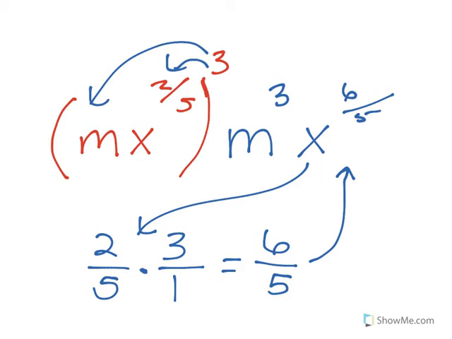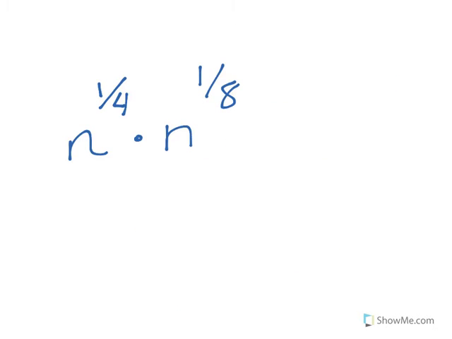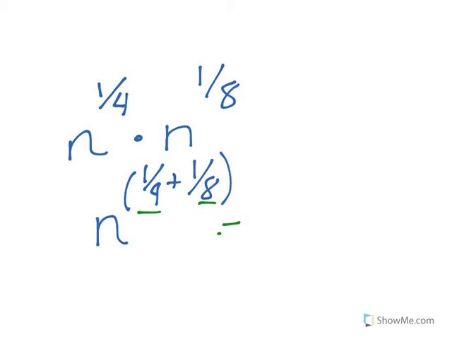Okay, so that's that. Now when we add them, though, it's a little more annoying. Let's take a look at that. Okay, whenever we're multiplying variables with exponents, we have to add those. So this is going to become n to the 1/4 plus 1/8. You've got to remember that when we're dealing with exponents and we're adding them, we have to have a common base in order to add.